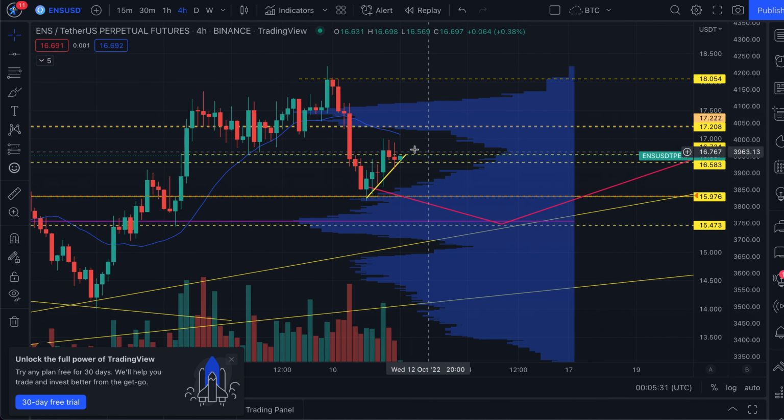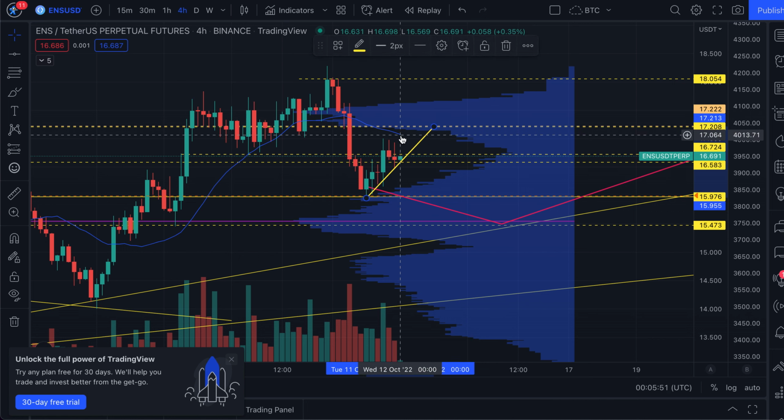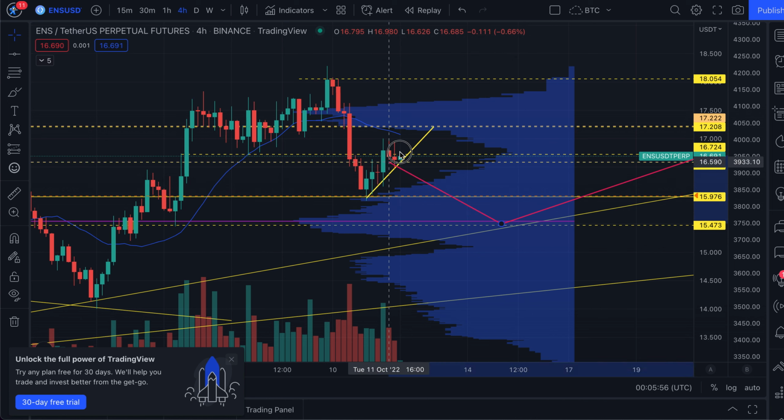So what I would be waiting for here is, this might actually break down a little bit lower. If it does break down, this would be a very high probability play in my book. I would expect this to come up and probably hit the 50 SMA right there, which means this would probably play out like so.